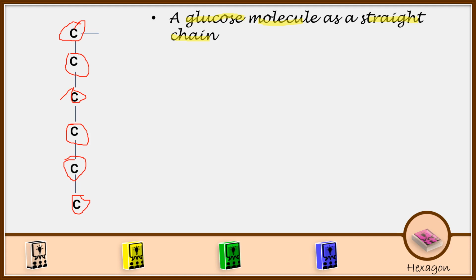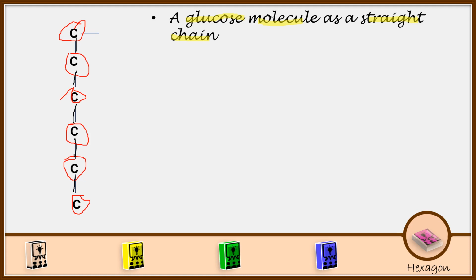That one is a bond, a bond, a bond. Other bonds will connect to oxygen and hydrogen atoms. Carbon is supposed to have 4 bonds.